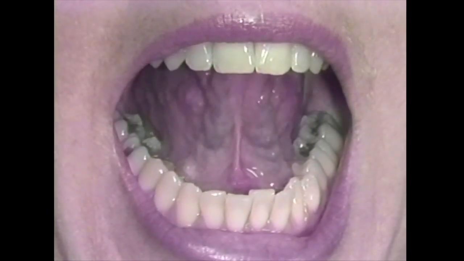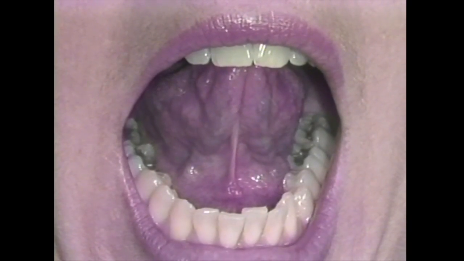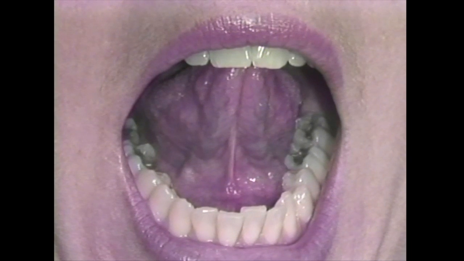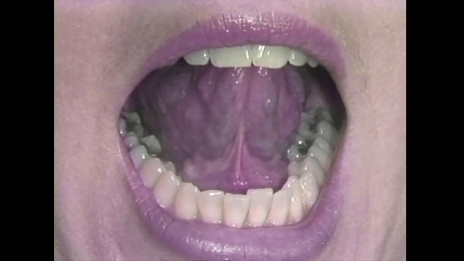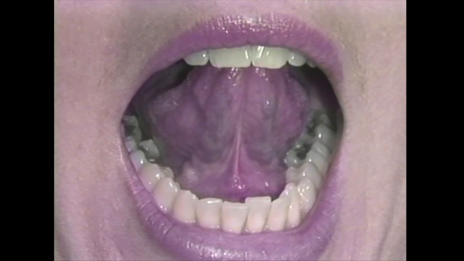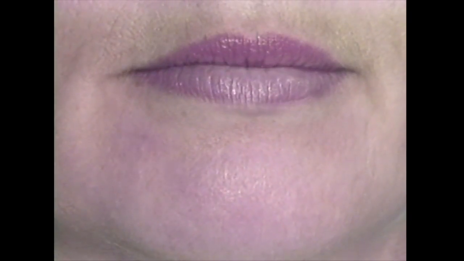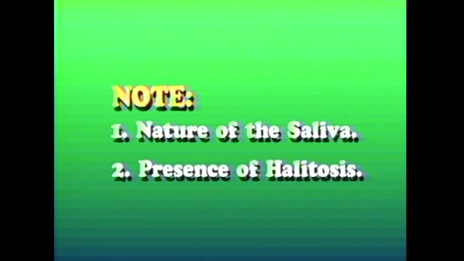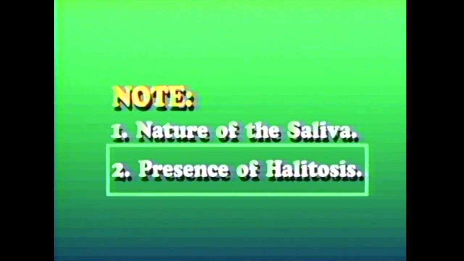Release the tongue and again instruct the patient to touch the tip to the palate. Observe the ventral surface and note any varicosities and swellings. With the tongue still elevated, sponge the area dry with a sterile gauze pad and inspect the lingual frenum. Note any abnormalities in that area. At this point, a note could be made of the nature of the saliva and the presence of halitosis.